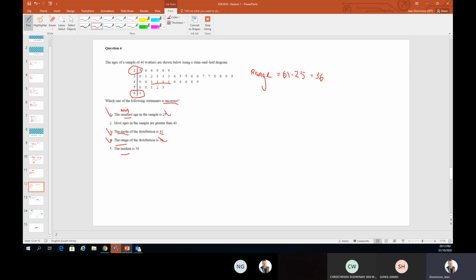Okay, then let's look at the median. The median is the number that's in the middle. They said we're working with 40 people. So 40 plus 1 divided by 2. That gives me position 20.5. So basically between position 20 and 21, I need to look at what is the value. For me, it's all about, I would just count.